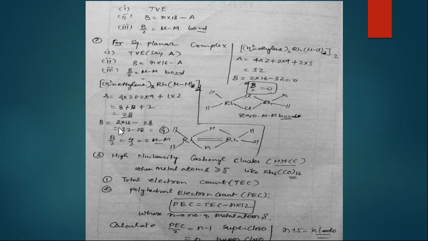So 2 multiplied by 16 minus the total valence electrons gives B, and B divided by 2 gives the metal bonds. So there are 2 metal bonds, and you can draw the structure. All metal atoms follow the 18 electron rule.